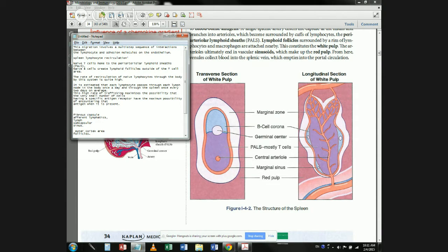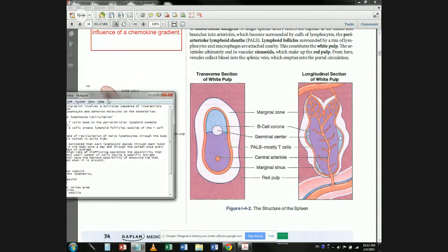This high rate of trafficking maximizes the possibility that the very small number of cells having a specific antigen receptor have the maximum possibility of encountering that antigen when it is present. They have a bunch of different receptors, and you just hope one might bind to something.